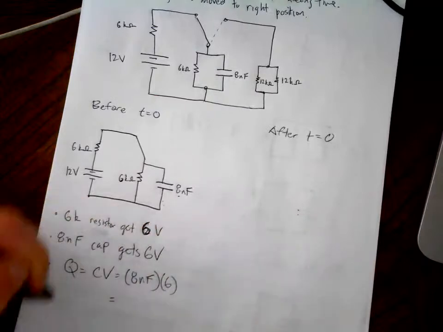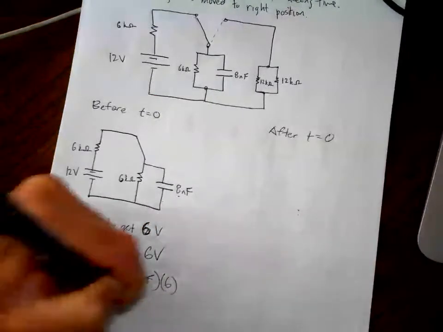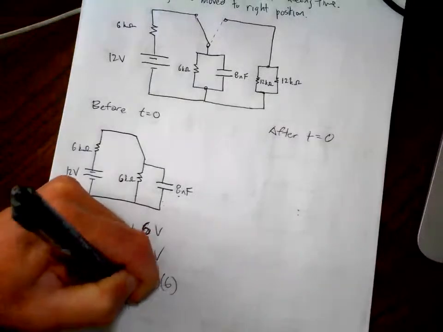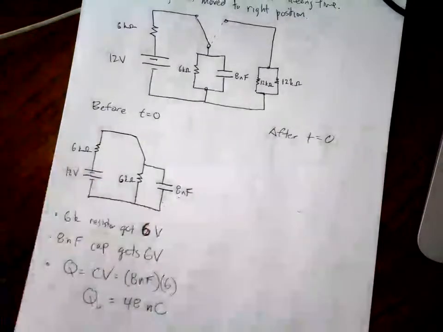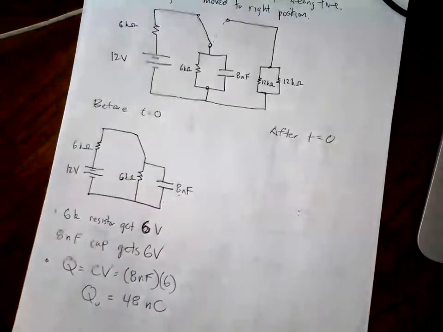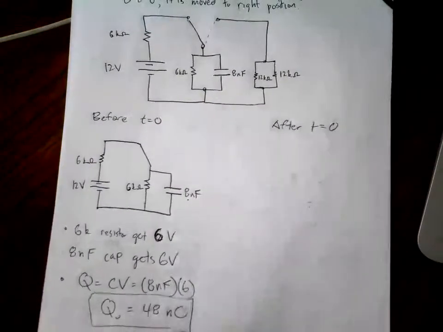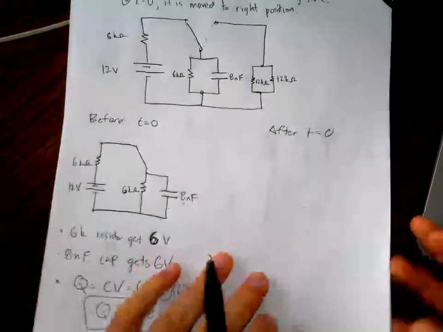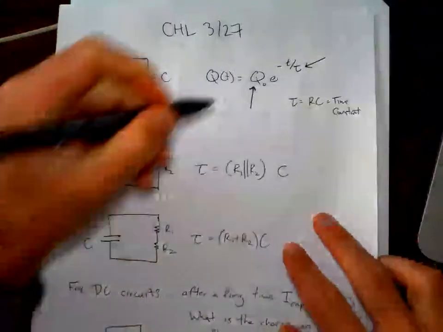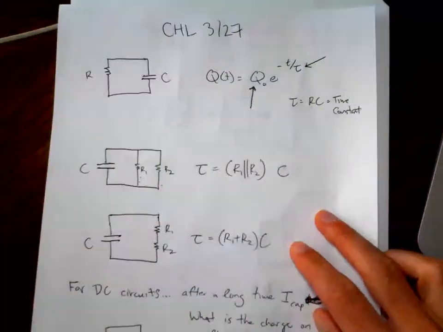So we would get that Q naught equals 48 nanocoulombs. Don't forget that nano. All right. So that's my Q naught. So once I know the Q naught, I can use that in my equation here. Okay.